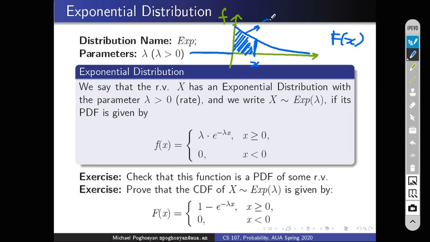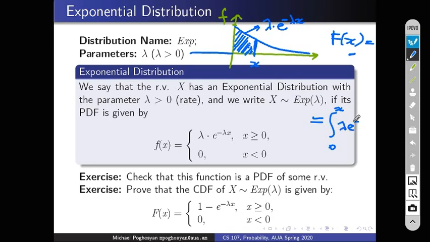The function is lambda times e to the minus lambda x. If you integrate this, you will obtain the following. Let me write it here. You will obtain the integral from 0 to x. In fact, we need to write from minus infinity to x, but because the PDF is 0 up to the point 0, we can just integrate from 0 to x for positive values of x.